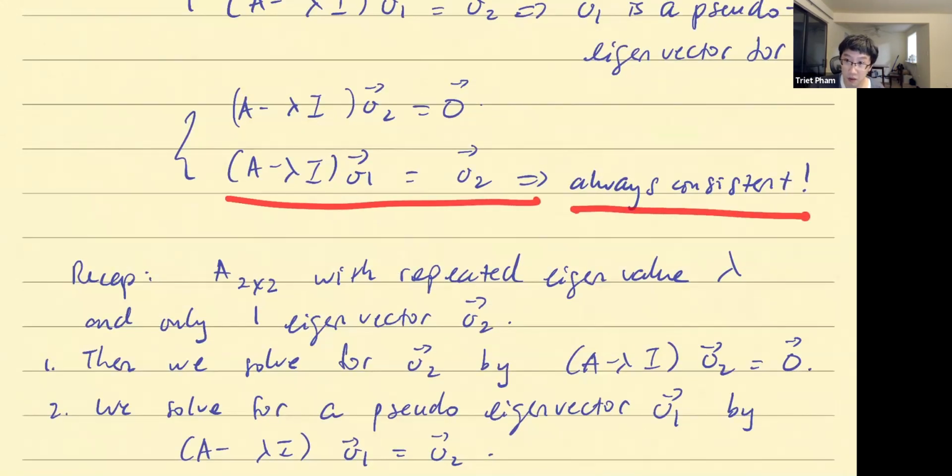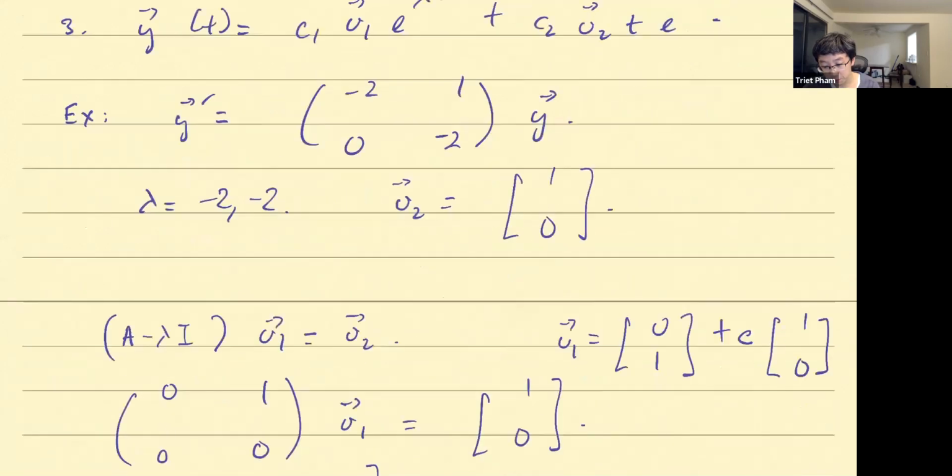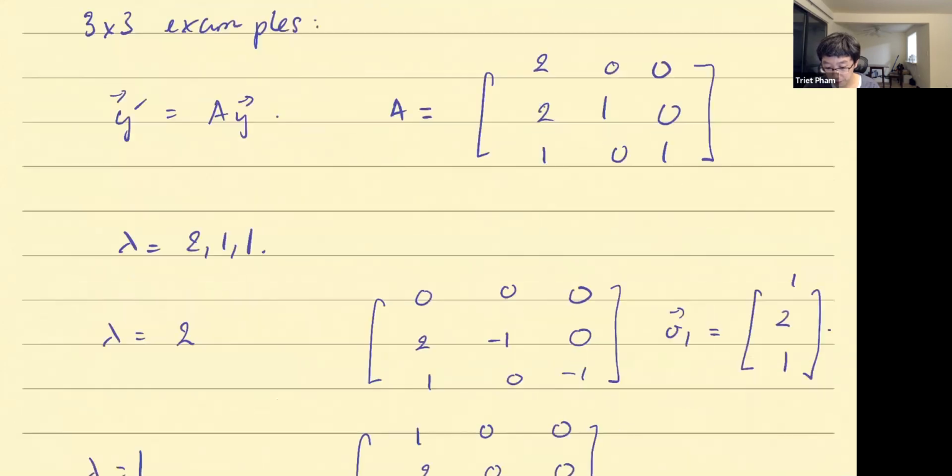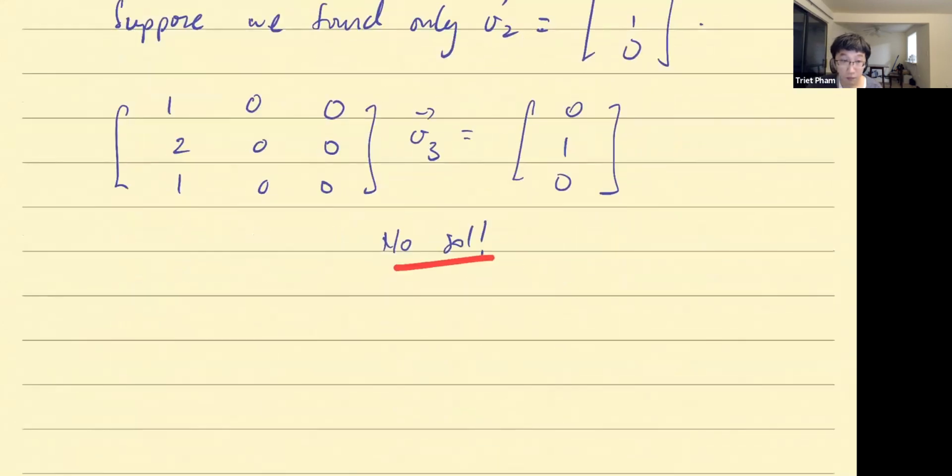It's not always the case, exactly like the question Nam raised. If somehow you're mistaken, and in a case where you're not supposed to have a pseudo eigenvector, you plug that in and look for it anyway, you won't find it. It's not there. Okay.